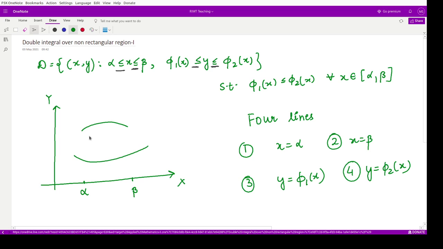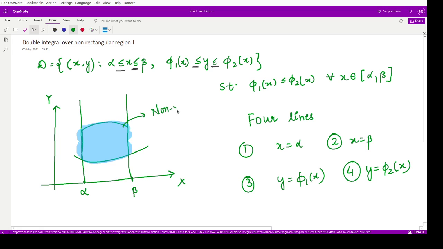Then x is equal to alpha is this line, and x is equal to beta is this line. So you have the region bounded between the given 4 lines. This is your domain, and this is obviously non-rectangular in nature.